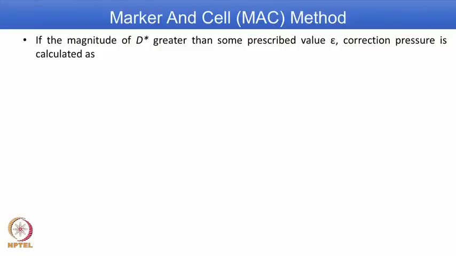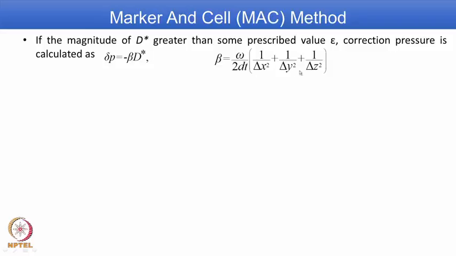So, if the magnitude of d star is greater than some prescribed value epsilon, then you set up the pressure correction as shown. Delta p is a correction in pressure equal to minus beta d star, and what is beta?